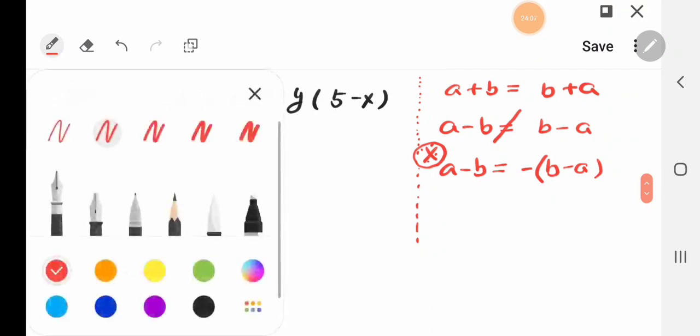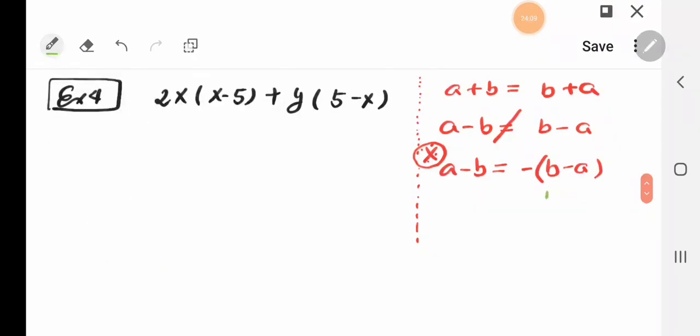Because if you simplify this, it will distribute, so negative b plus a. Since this is plus, you can switch a and b, then b plus a.